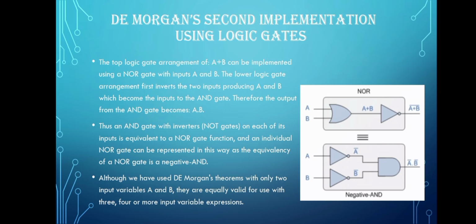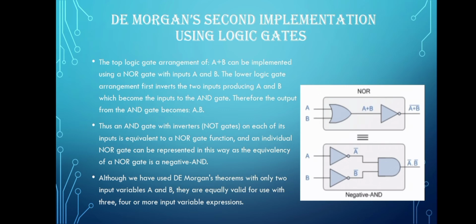The logic gate arrangement A plus B can be implemented using a NOR gate with inputs A and B. The lower logic gate arrangement first inverts the two inputs, producing A plus B, which become the inputs to the NAND gate.